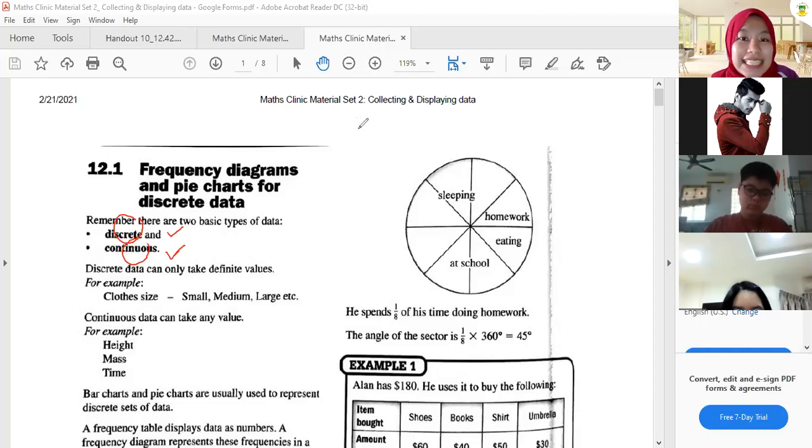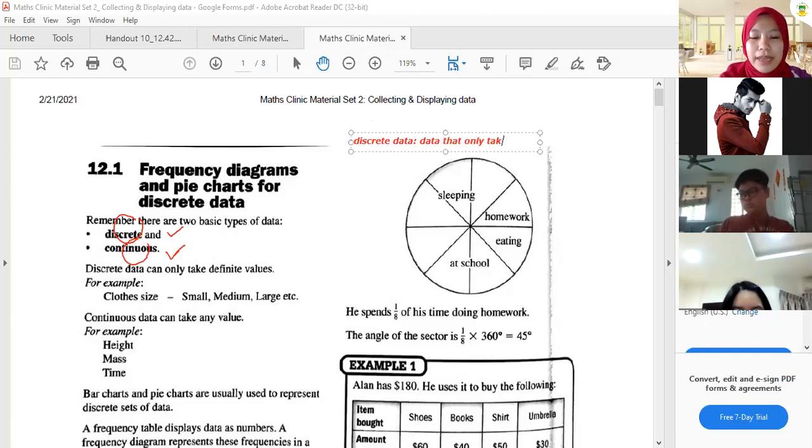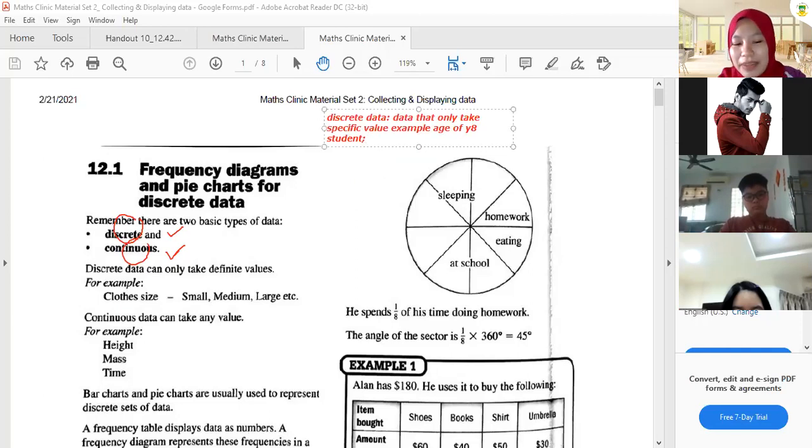Again, discrete data is the data that only takes specific values. Maybe you can jot it down. Example, the age of Year 8 students. Can someone tell me the list of ages of Year 8 students? How old are you guys? Majority, I would say 13 years old.